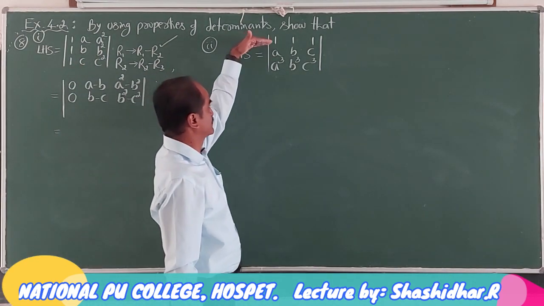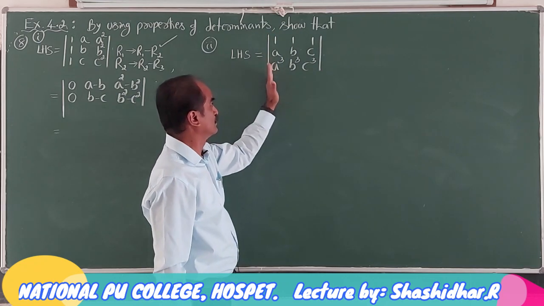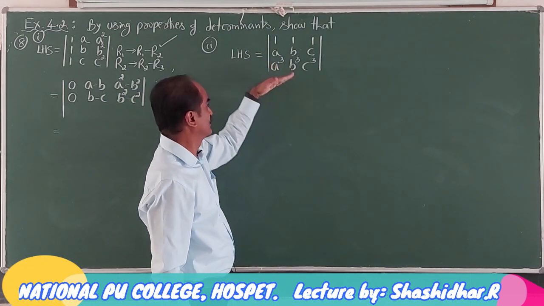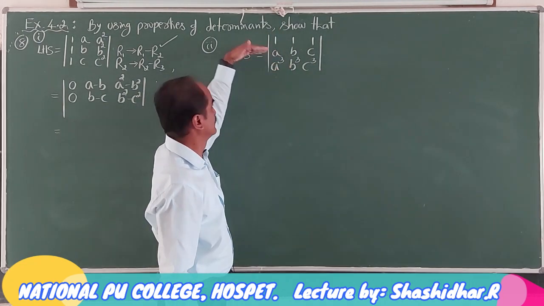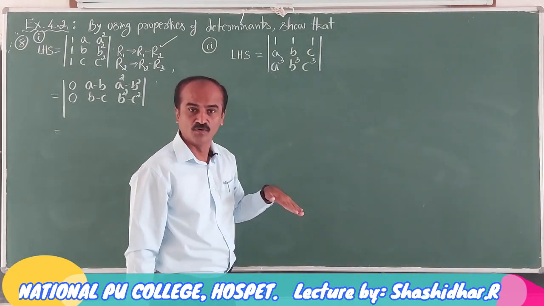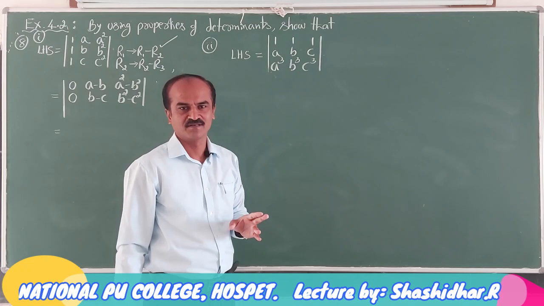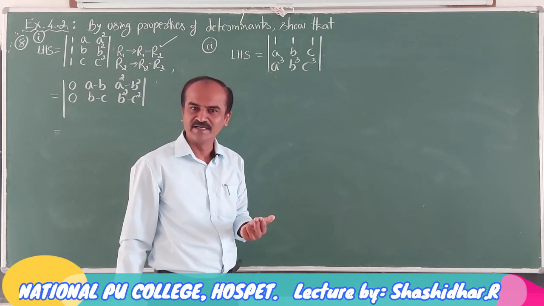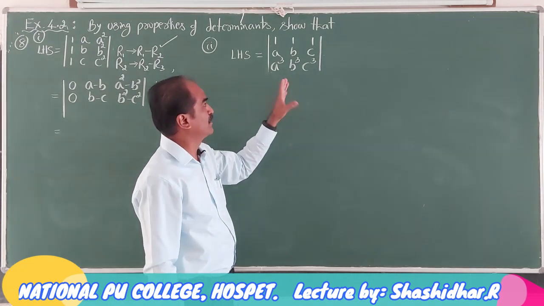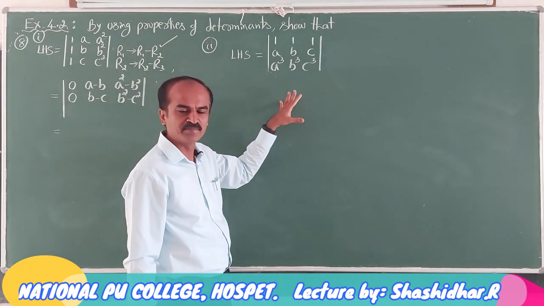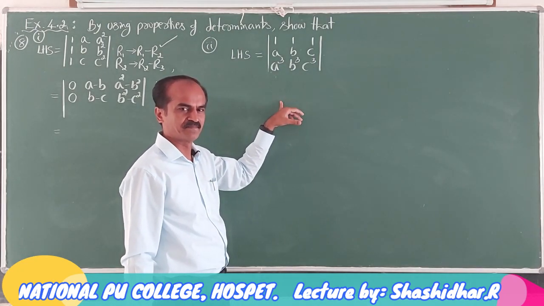Here the elements 1, 1, 1 are not present in a column. If they are present in a column, I can go for row wise subtraction. Since they are present in a row, I have to go for column wise subtraction. Then not only are you going to get some entries as 0, you are also able to get the required factors a minus b, b minus c, c minus a, etc.